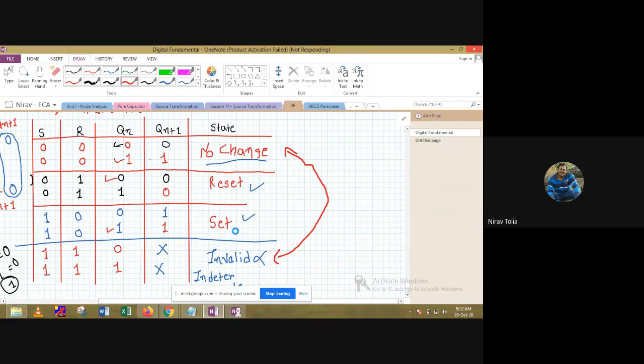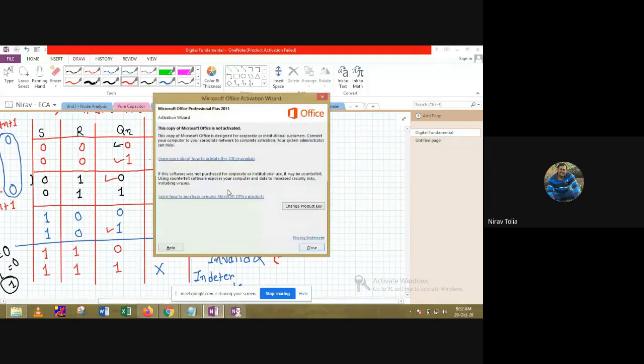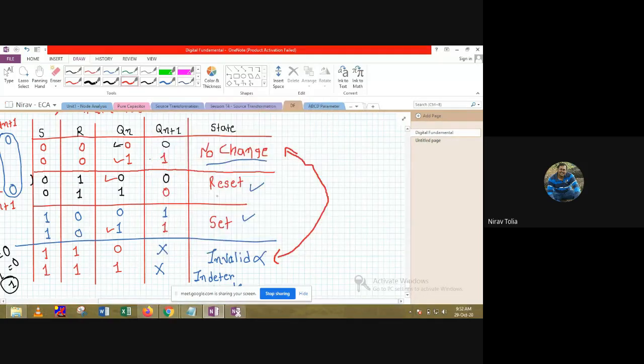So suppose now my S is 0 and R is 1. For the NOR gate, my state is reset. But if I am using the NAND gate, these two are also interchanged. So for R is 1, it is set, and S is 1 means reset.